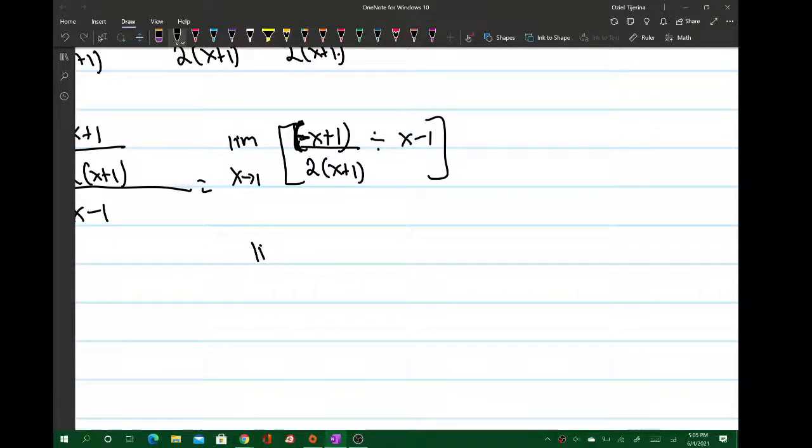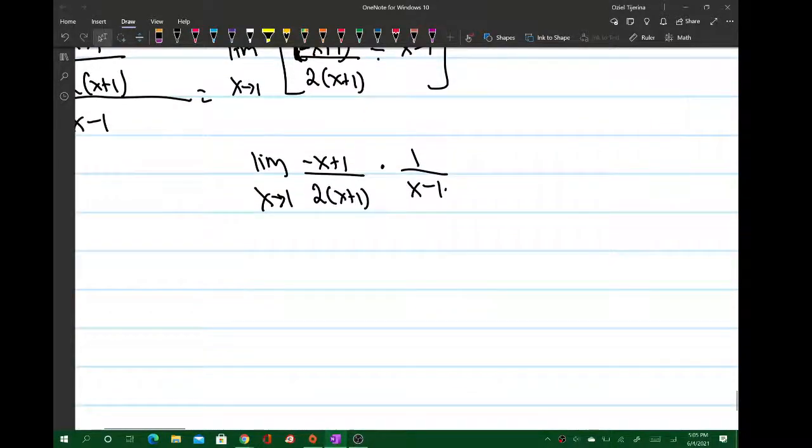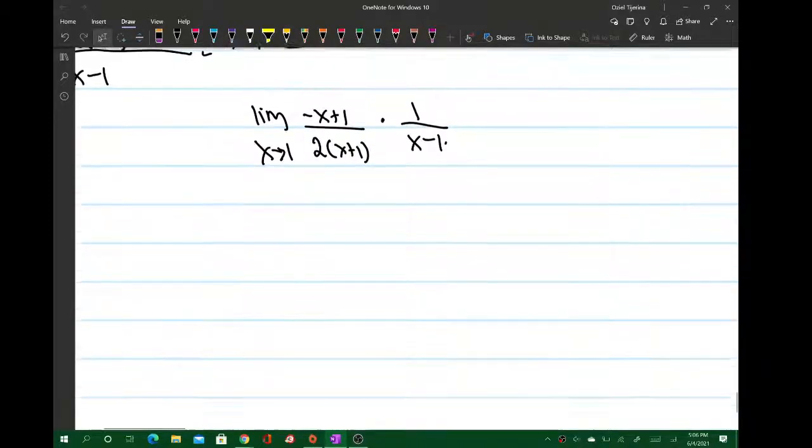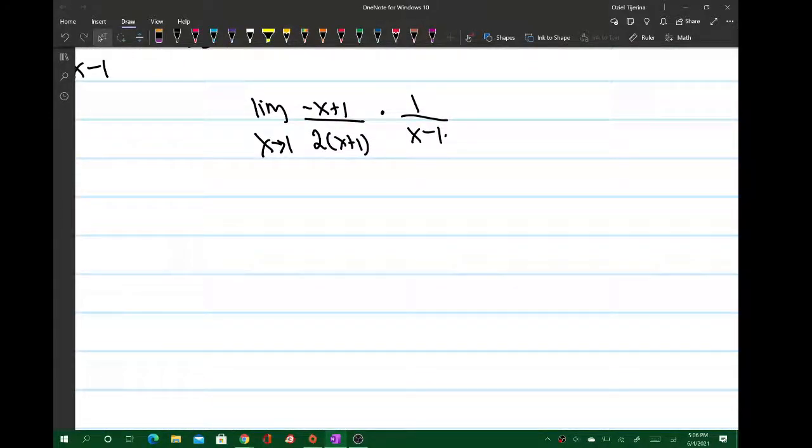So it's going to be the limit as x approaches 1 of negative x plus 1 over 2 times x plus 1, times 1 over x minus 1. So then this will give you, okay, hold on. I hope I'm doing this right actually, hold on.